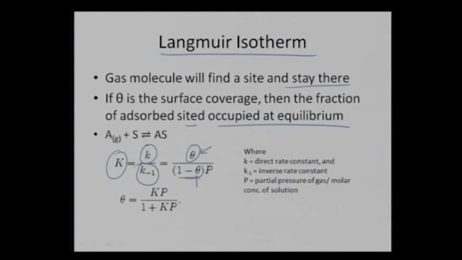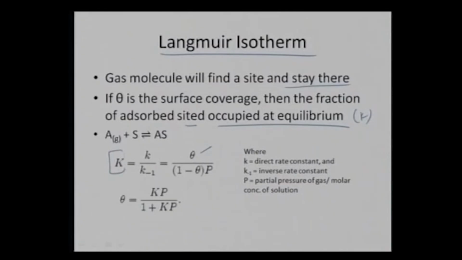So this is the overall free space which is available to the particular species, and this is the overall partial pressure of the gas or molar concentration of a solution. From this we can see the overall fraction of the adsorption sites which are occupied at a particular equilibrium. That is given by K. So this K can be defined as the equilibrium fraction of the sites which are now occupied.